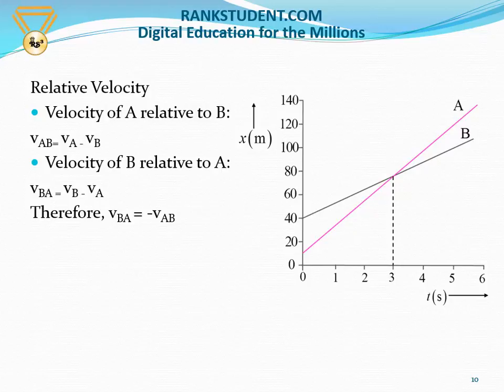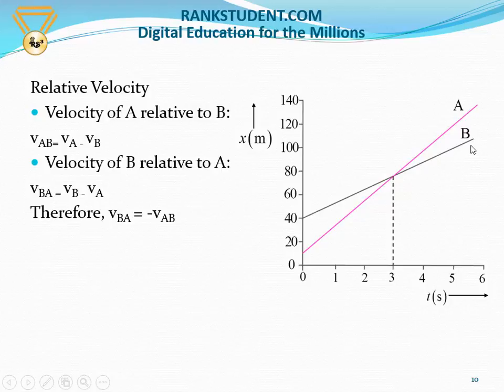In the diagram on the right hand side, we are illustrating two objects that are moving. A is moving faster than B, even though B starts off with an advantage, starting at 40 meters and A is starting at only 10 meters.